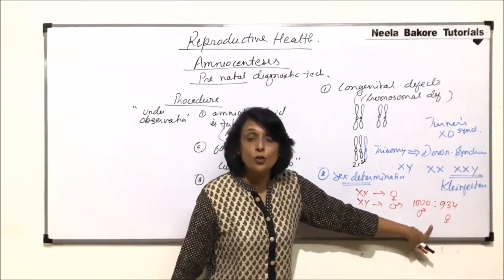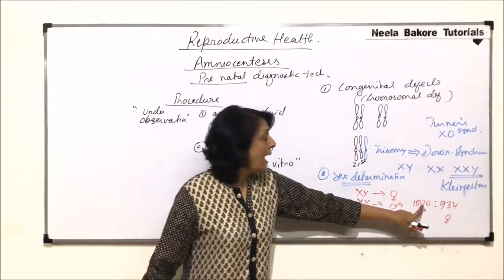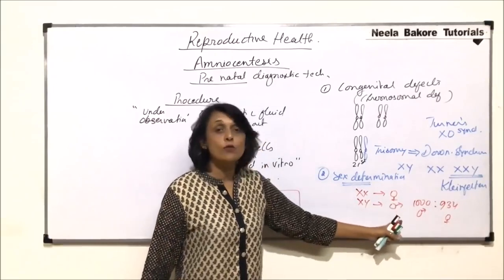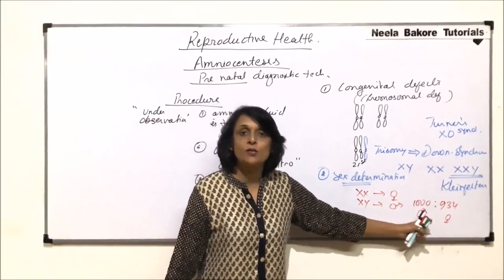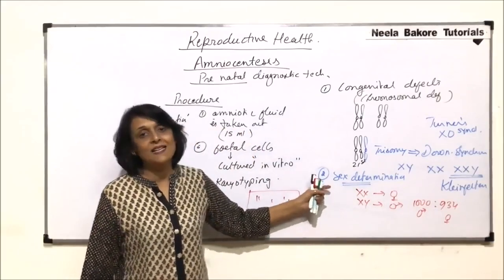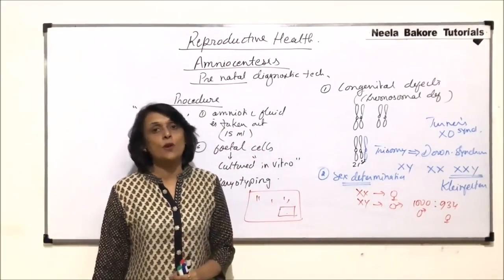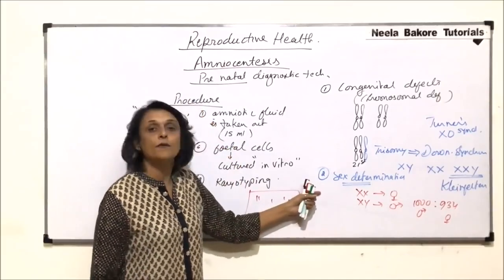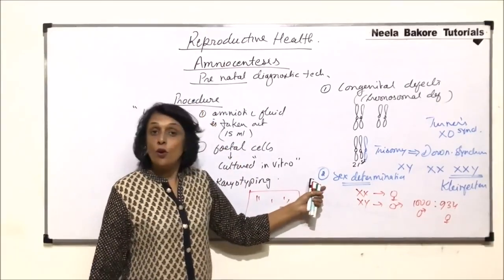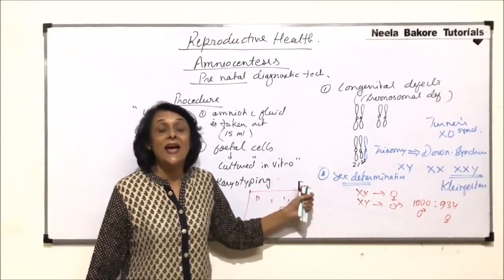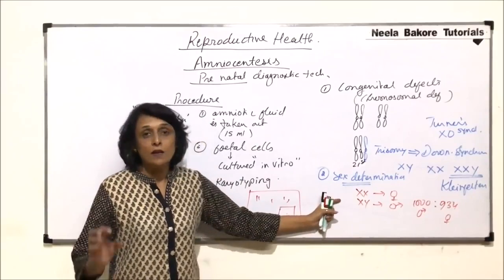But this ratio is different, and in certain states it is much less. For 1,000 males, there are 800 females or 700 females. So female feticide is affecting the sex ratio in the population, which is not good for any society. So it can be used for sex determination, but it has been banned in India for controlling this female feticide.